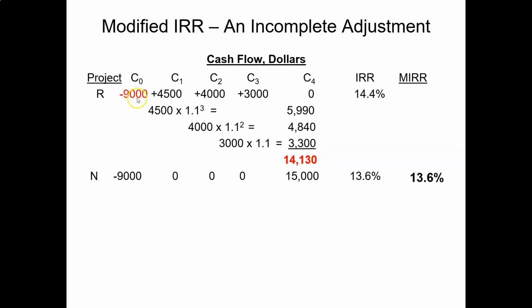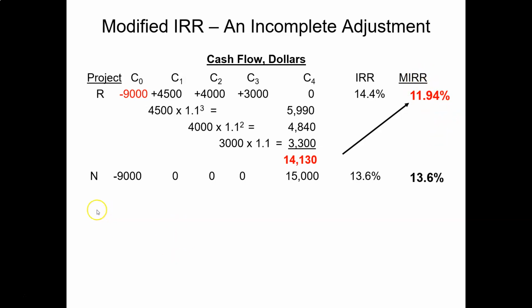Now let's calculate the internal rate of return for this new project. This project has an upfront investment of $9,000 and $14,130 in year 4. So the internal rate of return for this new project will be 11.94%. We say it is the modified internal rate of return.